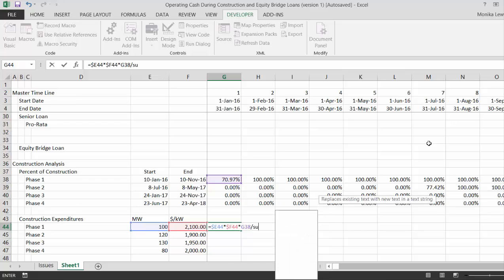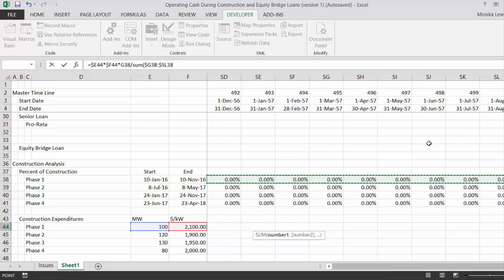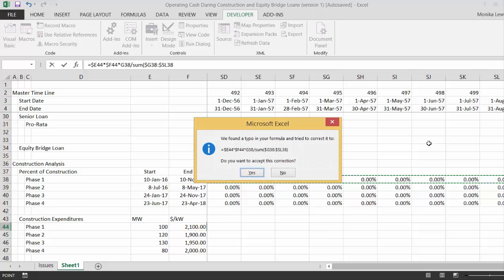Divided by the sum. And this is why I'd love to press the shift spacebar, but we'll have to press this one and start here. Shift Control right. And then press the F4. It did it for us, good.